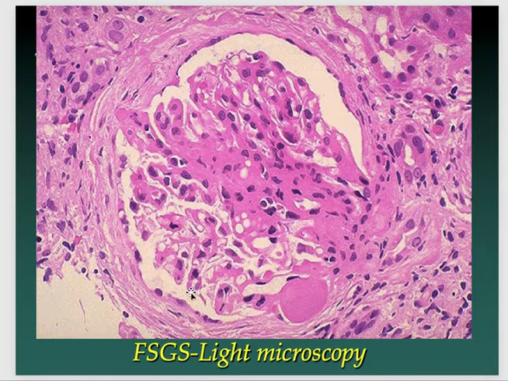This is the light microscopy of focal segmental glomerulosclerosis. You can see all this tissue, right? So of course the diagnosis will be on histology, okay.